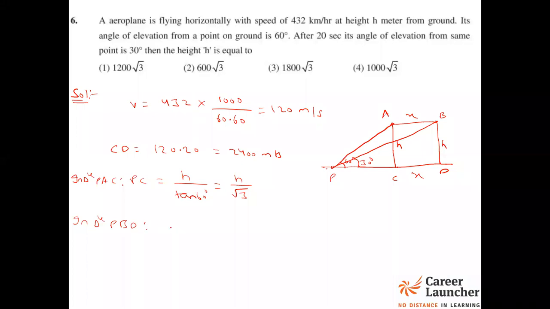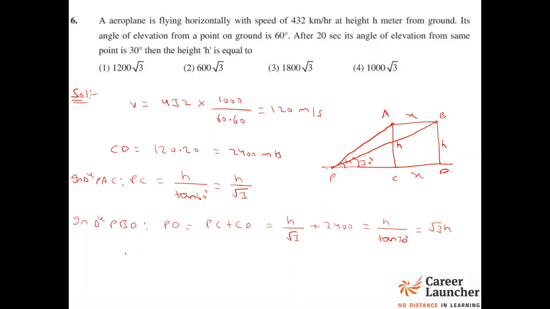PD is equal to PC plus CD. So we got PC as h upon root 3 plus CD as 2400. This should be equal to PD, which you can write as h upon tan 30, which is root 3 times h.